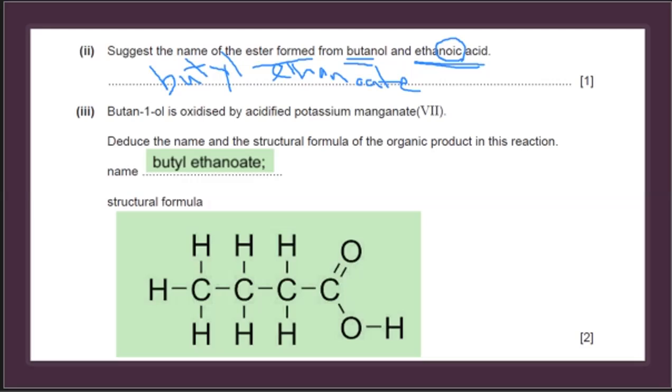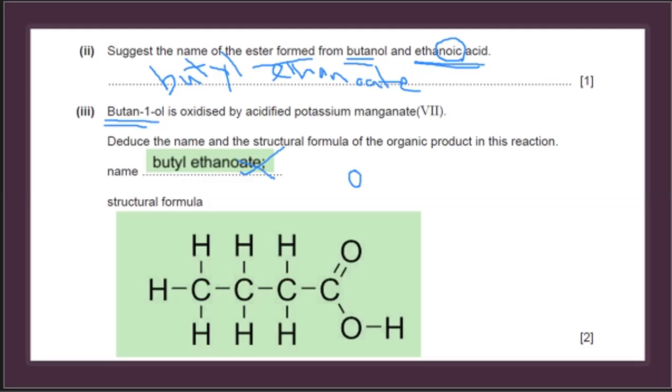All right. So they tell you butane-1-ol is oxidized by acidified potassium manganate. Deduce the name and the structural formula of the organic product in this reaction. If the alcohol undergoes oxidation, this here was not what we're going to get. If it undergoes oxidation, instead of butanol, we will have the acid formed.